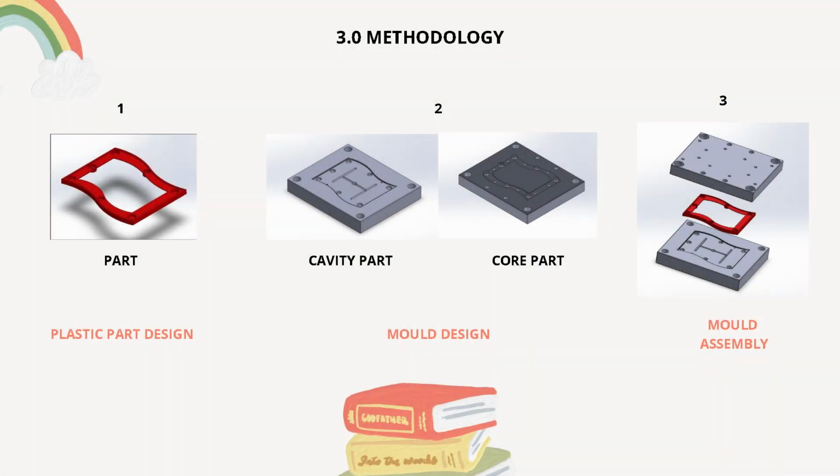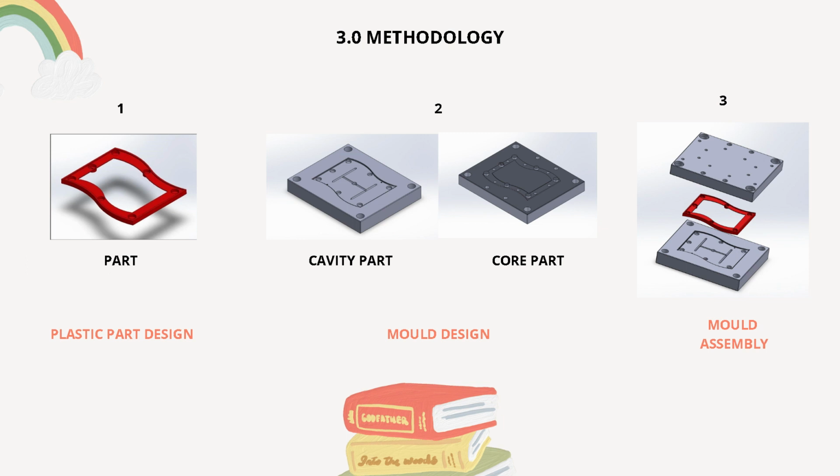For the third content, methodology, there are 3 processes: plastic part design, mold design, and mold assembly. First is plastic part design. We chose a mirror frame part as our design. The second process is to produce the core and cavity part.